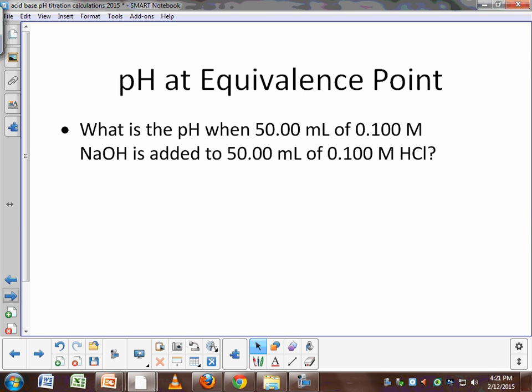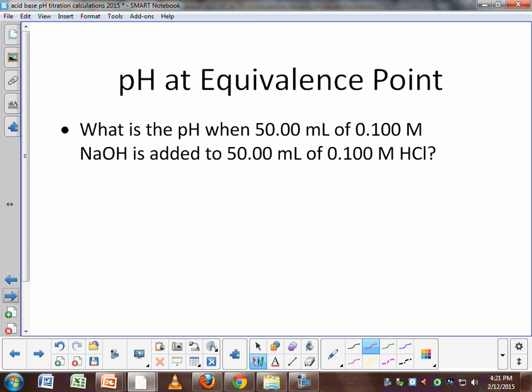Next question. How do you determine pH at the equivalence point? What is the pH when 50 milliliters of 0.1 molar NaOH is added to 50 milliliters of 0.1 molar hydrochloric acid? Considering these are categorized, I want to just talk about this a little bit. You have to first of all confirm that we are in fact at the equivalence point.